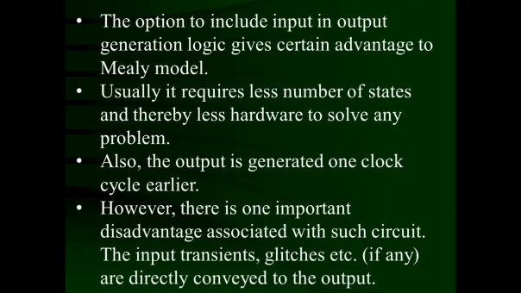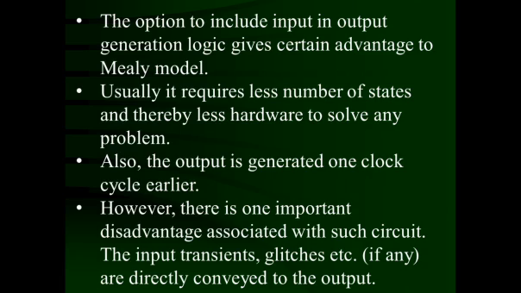The first advantage is this: usually it requires fewer states and thereby less hardware to solve any problem. Compared to the Moore model, one less state is required to generate the final desired output, and that way the circuit hardware is simpler using the Mealy model, because the output is generated one clock period earlier than in the Moore model.